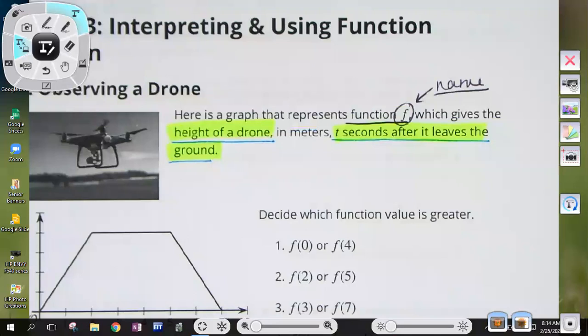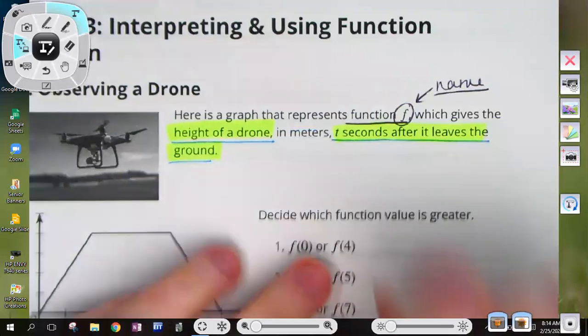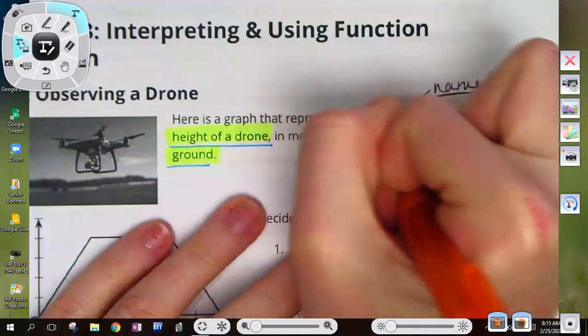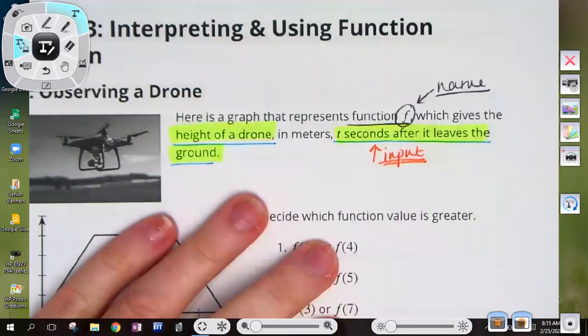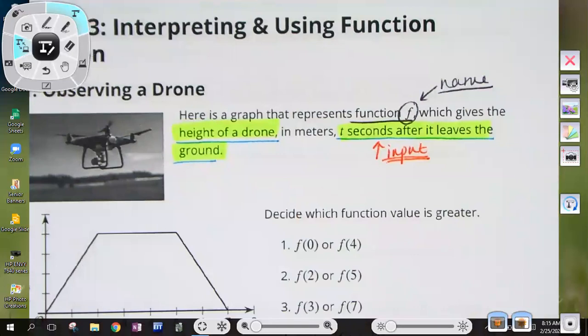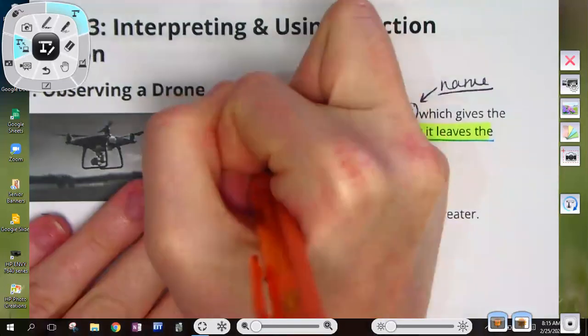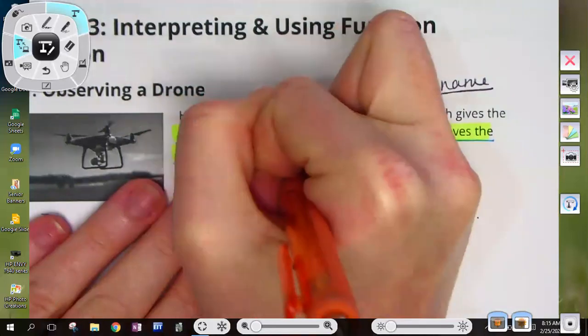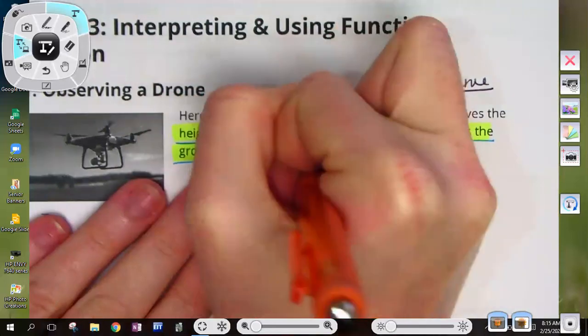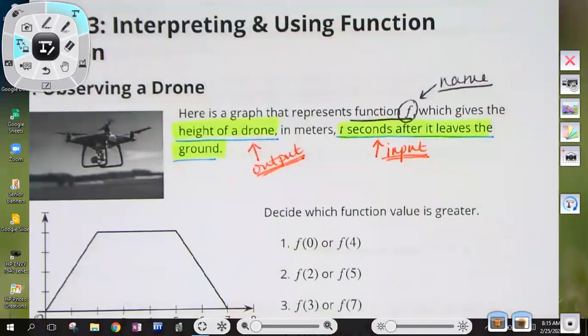The seconds. Anytime time is one of our variables, remember we talked about that's going to be our input. So the seconds after it leaves the ground will be the input. And that means that height will be our what? If seconds is our input, then height will be the output.